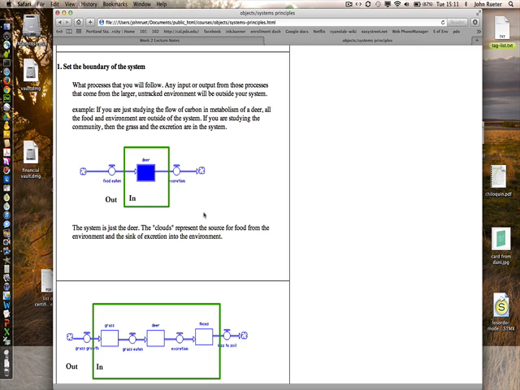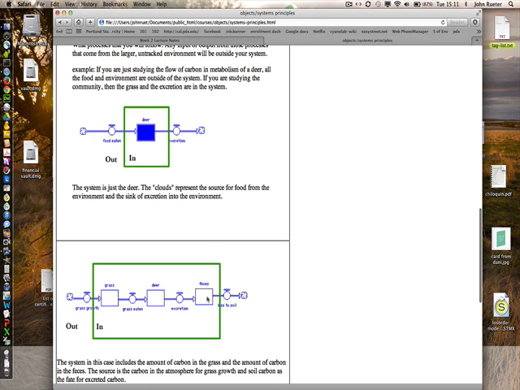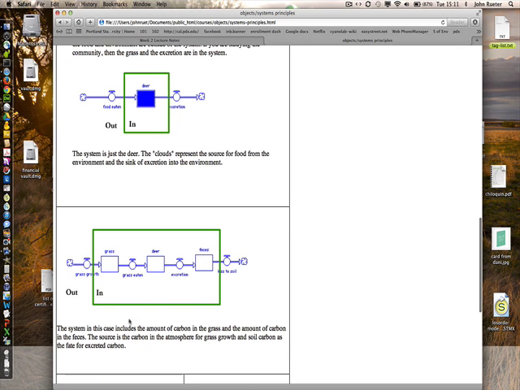But we might want to study a system where we look at the grass and the grass going to the deer, and the deer creating feces, and then that going out in the loss. And in that case, the grass and the feces would be in the system, but where the material to cause the grass to grow and what happens with the soil, those would be out of the system. So it's just arbitrary, but it depends on what you're trying to study.